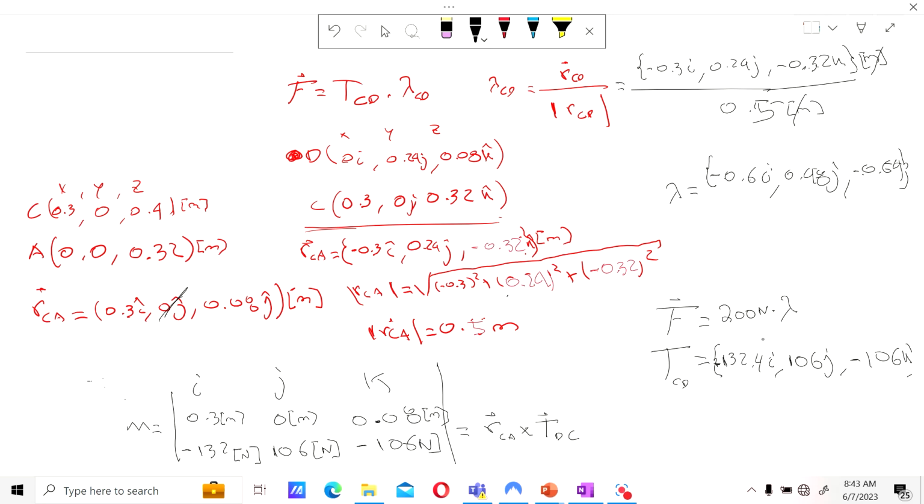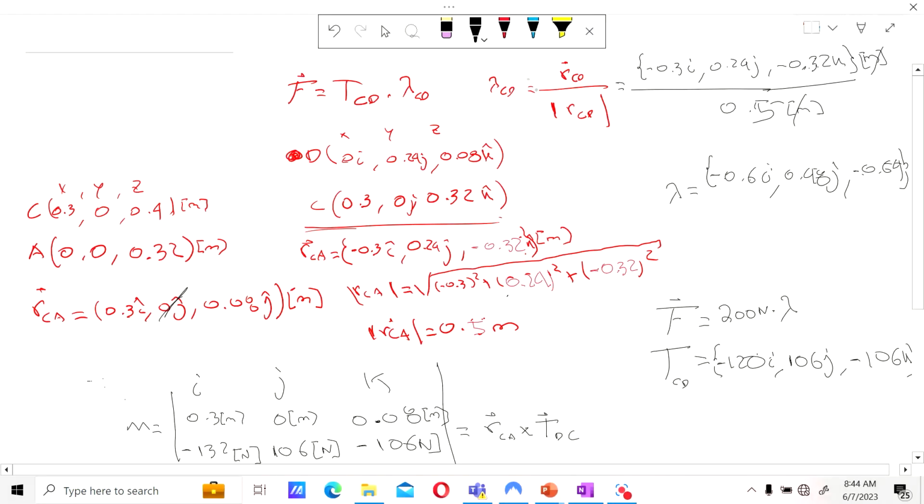All right, so 200 times negative 0.6 is negative 120.